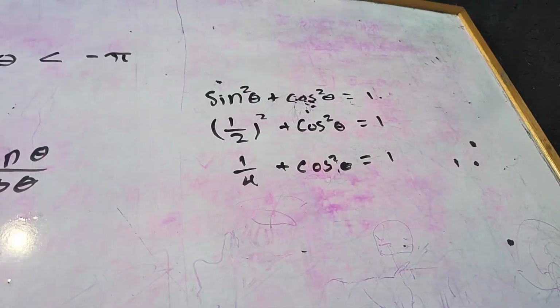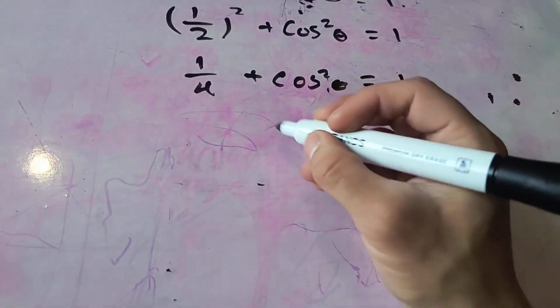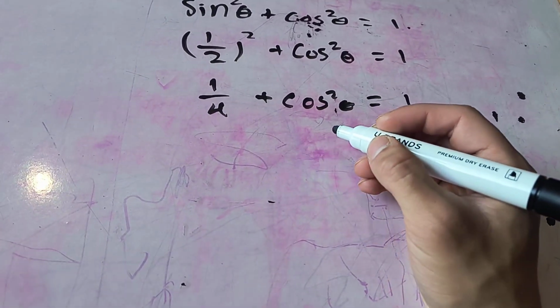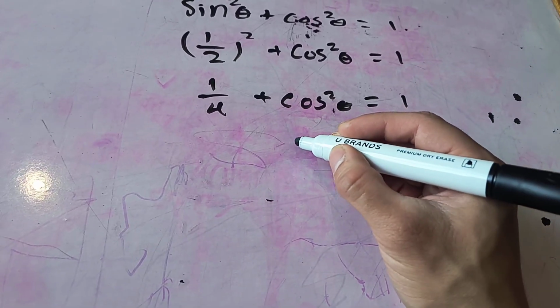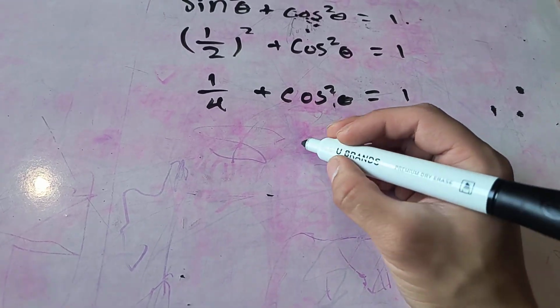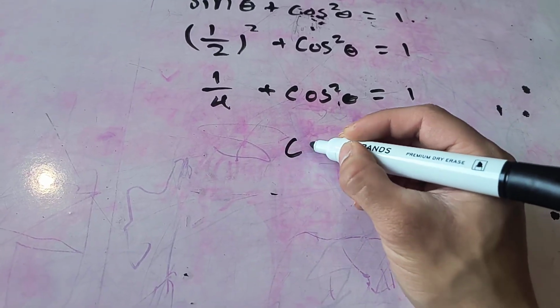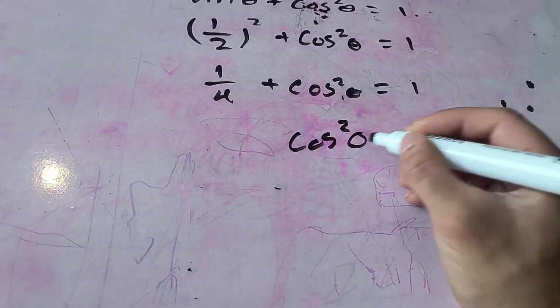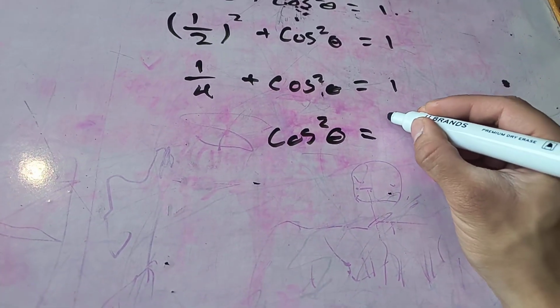Subtract 1/4 from both sides so that we can get cosine of theta squared isolated. We get cosine of theta squared is equal to 3/4.